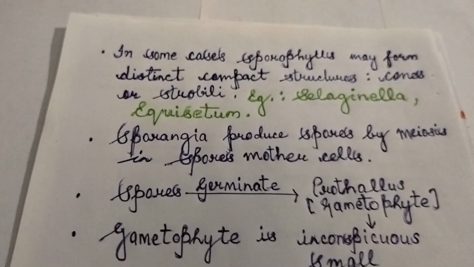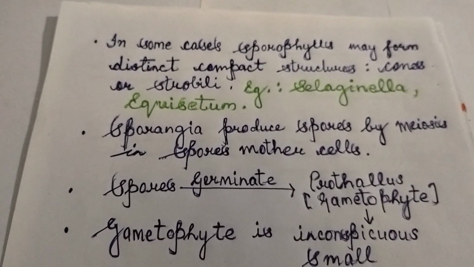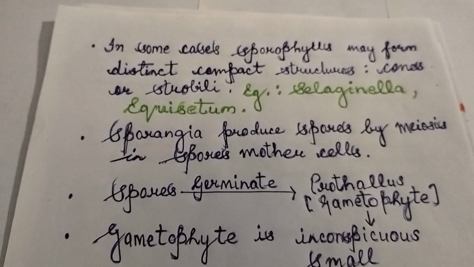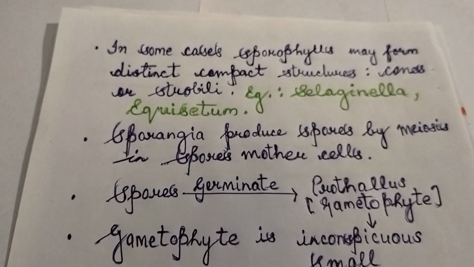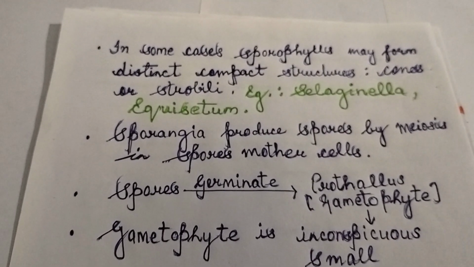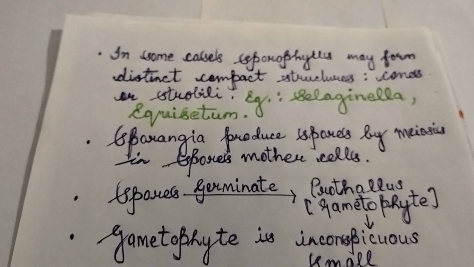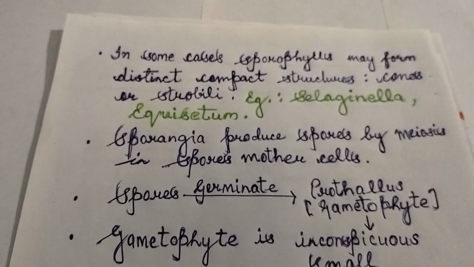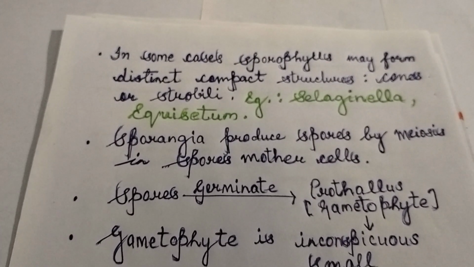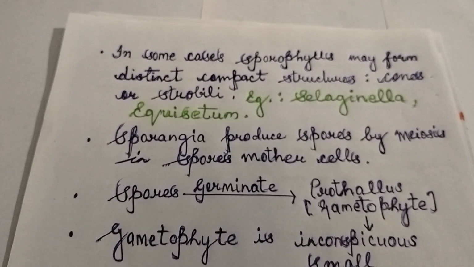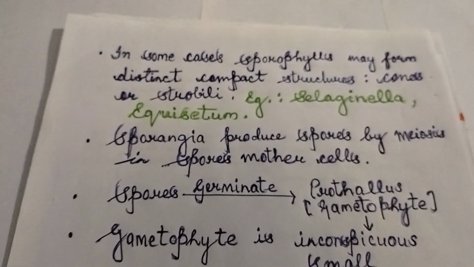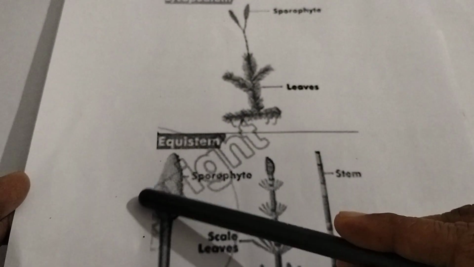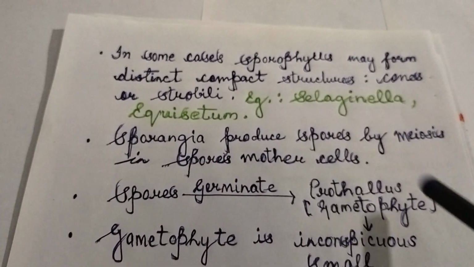So, in some cases, the sporophylls may form distinct compact structures called cones or strobili. Example, Selaginella and Equisetum. In Equisetum, just now I have shown you the cone-like structure formed by sporophylls.